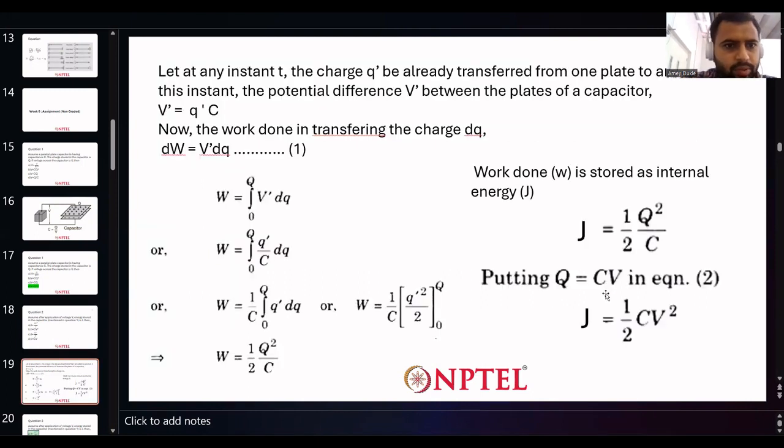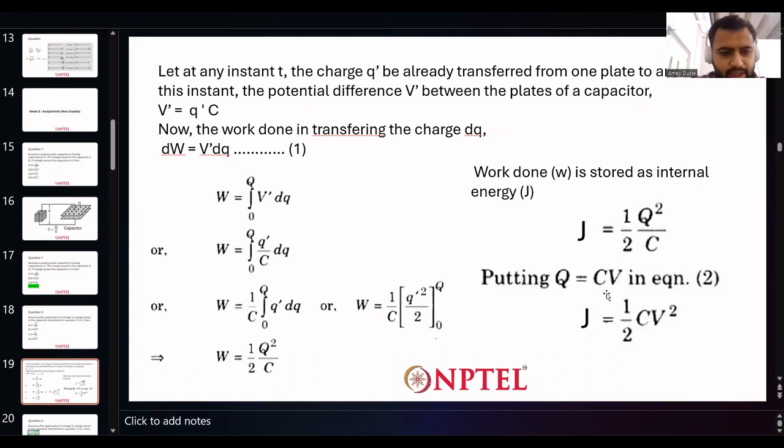At any instant t, we assume that a charge q is being transferred from one plate to another. To move that charge q across the capacitance, we need to apply a voltage, given by q by C. To do that work, we need to apply that voltage on that charge.